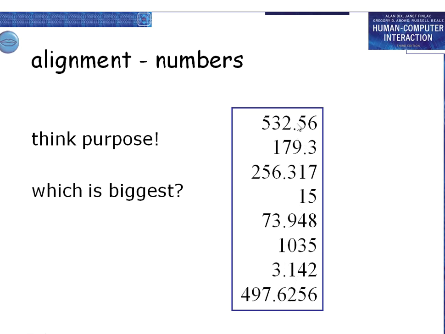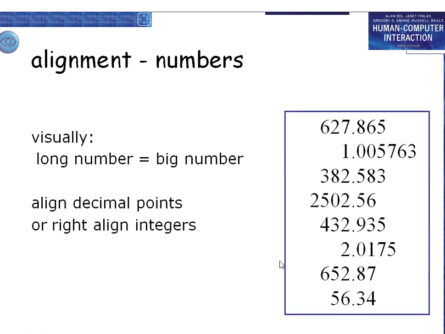Maybe we can make it easier if we align on the dot in the decimal, right? Yes, this is the right alignment that we are using to compare all the numbers in this box, and we can recognize more easily where is the biggest number and where is the lowest number.